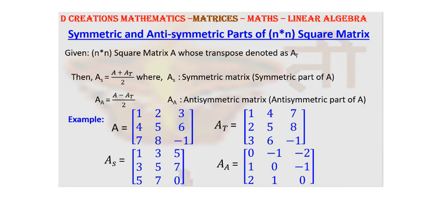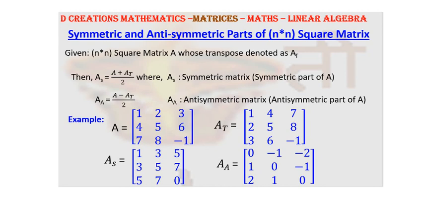Now, in order to find the antisymmetric part, you have to subtract A transpose from the matrix and divide by 2. For example, if you consider the first element, 1 minus 1 is 0, divided by 2 of course is 0. And it doesn't come as a surprise, because we are expecting an antisymmetric or skew symmetric matrix which has all the diagonal elements as 0.